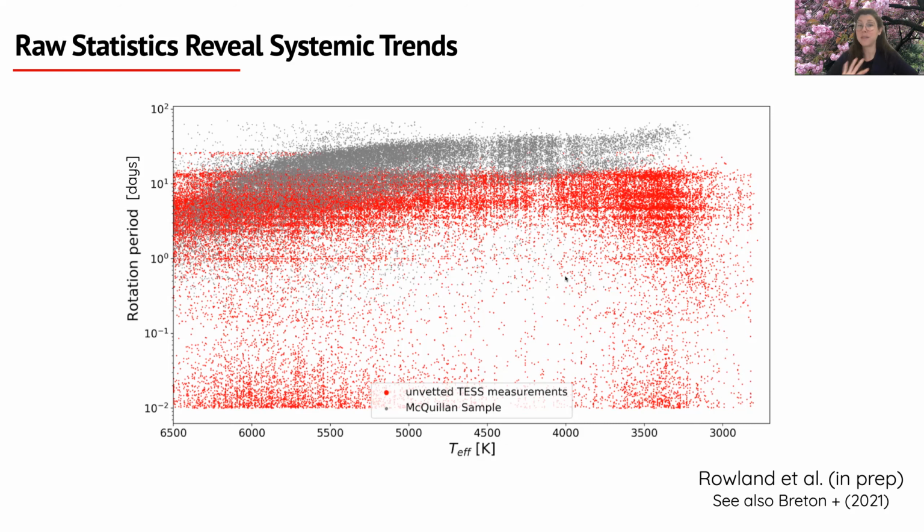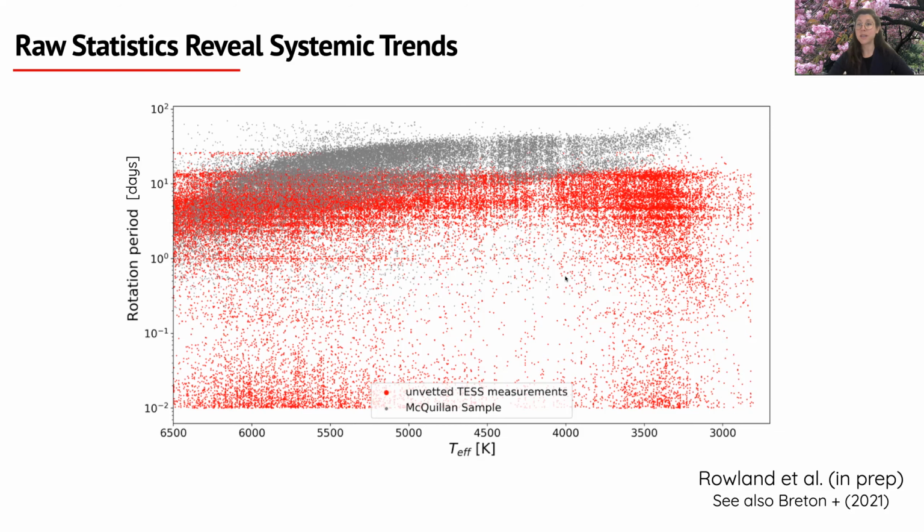And this plot was created by Danielle Rowland, who works at the American Museum of Natural History, and she's working on developing an automated vetting tool for TESS, which is similar in spirit to the RoOSTER algorithm developed by Breton et al. in 2021.